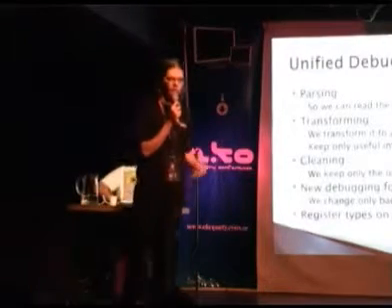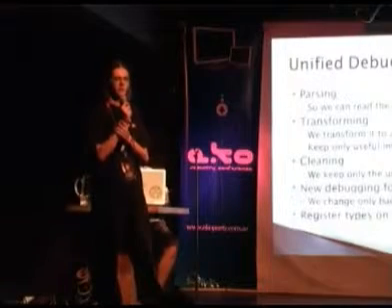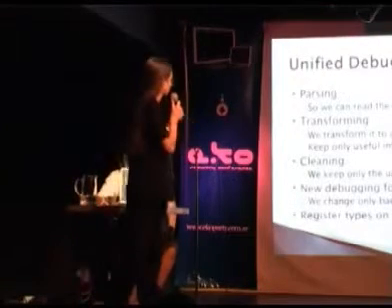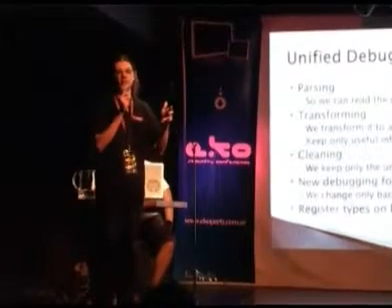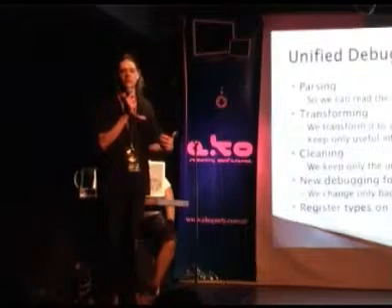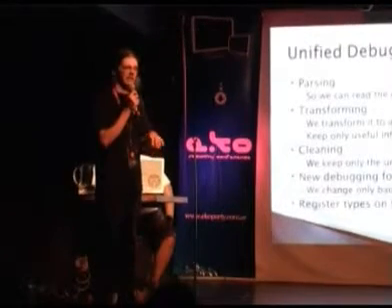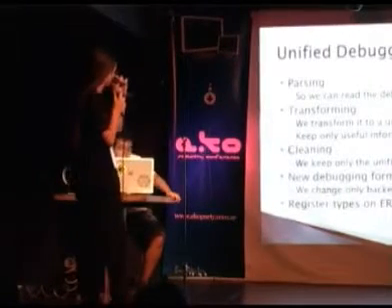So what we did is create a unified debugging format to be used with our debugger. We start by parsing the debugging format, then we transform it to our unified debugging format, and then we clean the code to contain just our format.